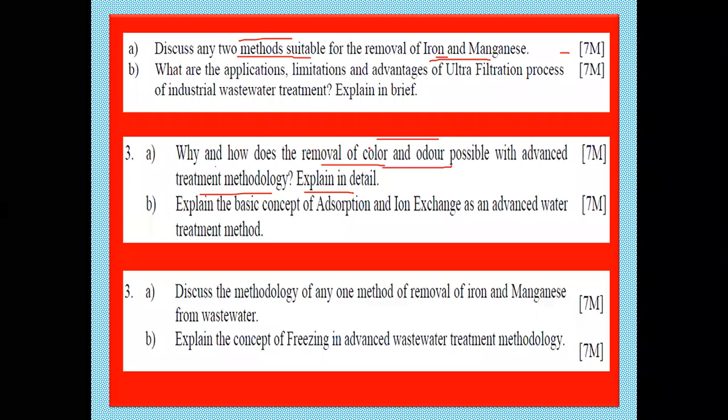What types of colors you have, what odor or smell, toxicity, whether toxic or non-toxic in nature, color of water such as black water, yellow water, sanitation water. Then the treatment methodologies, such as the adsorption process. We have to write in detail, since it is 7 marks.